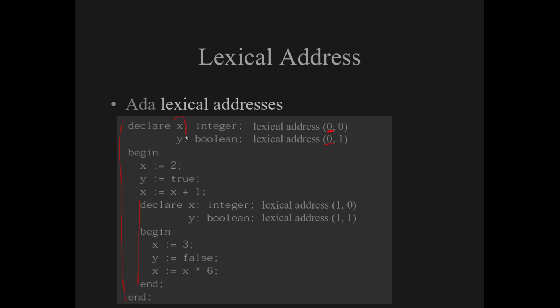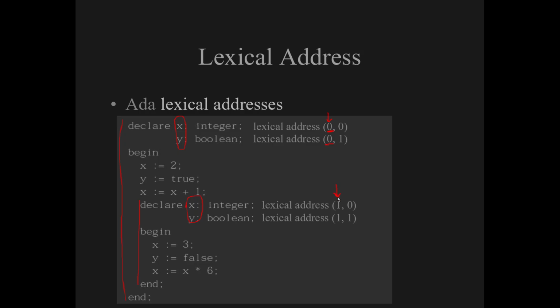So the variables that are local to this block have the first part of the lexical address as 0, and then the inner block, the variables in it, even if they have the same name, they have a different lexical address because the first part of the lexical address is 1 instead, okay?